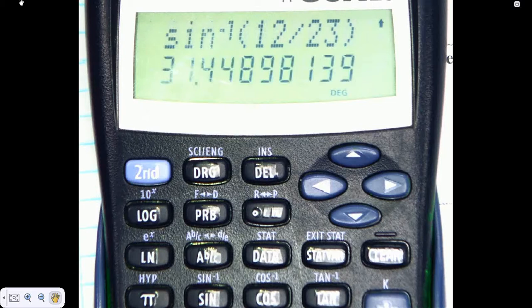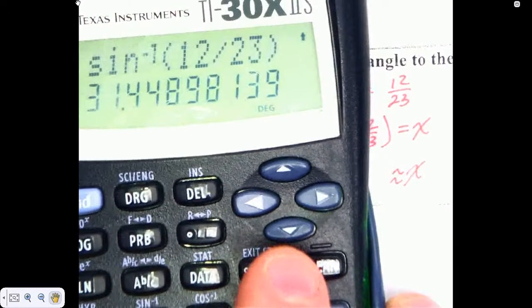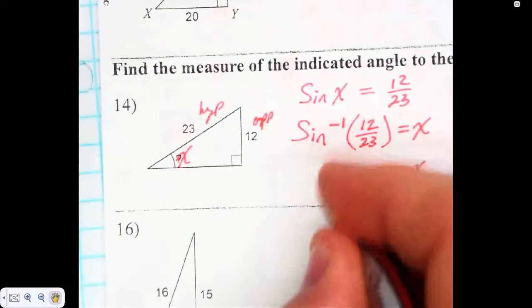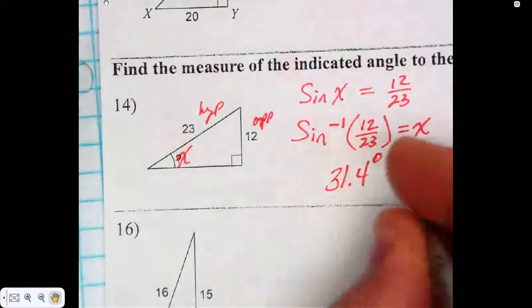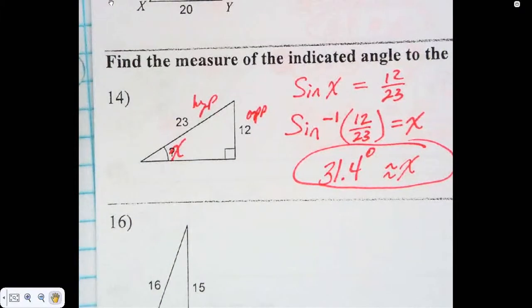What do you get? 31.4 degrees. Okay? So we get 31.4 degrees. And put the degrees in there to remind you that that's an angle. It's approximately 31.4 degrees.